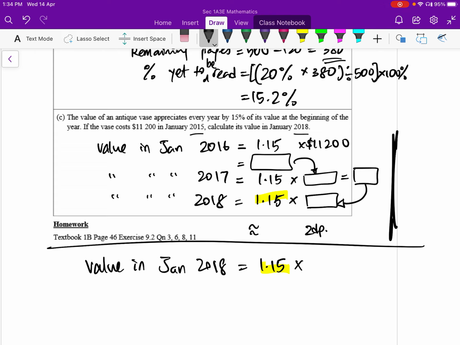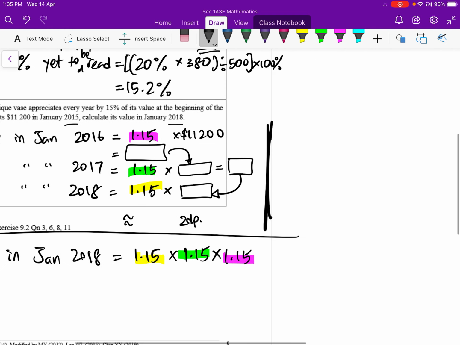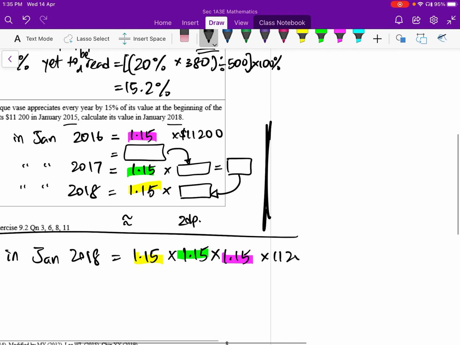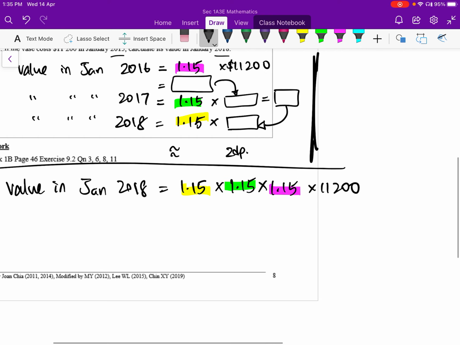Now this value was obtained by another 1.15. Another 1.15 times. So this is the same 1.15. Previously, it was multiplied by another 1.15. This is the third 1.15. And finally multiplied by 11,200. Okay, this is the shortcut.